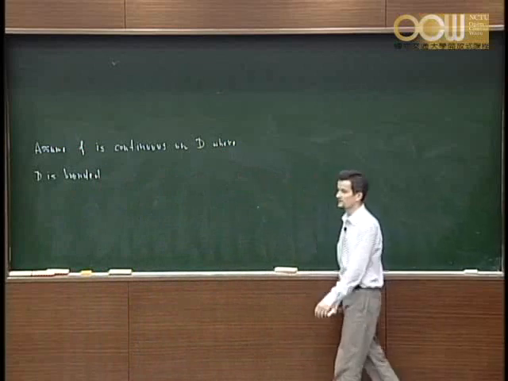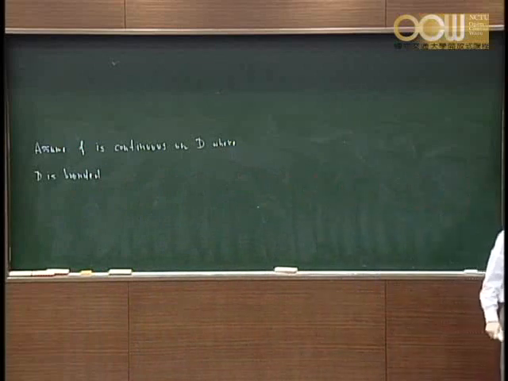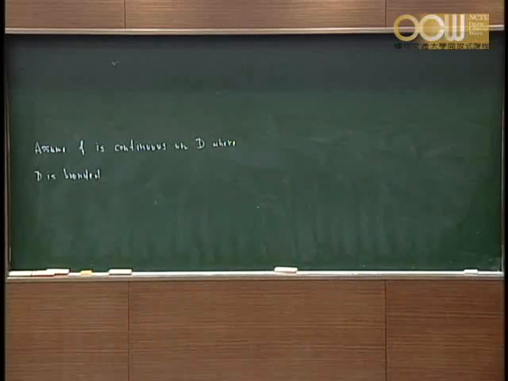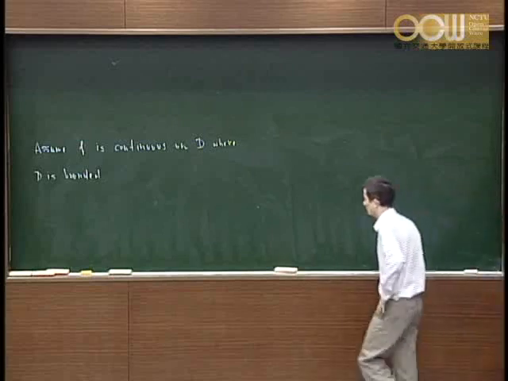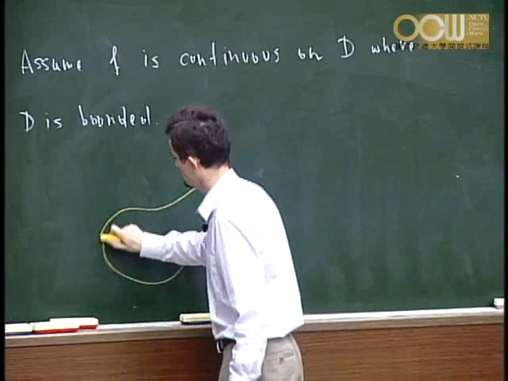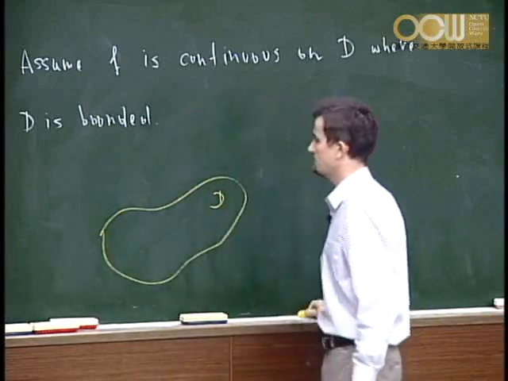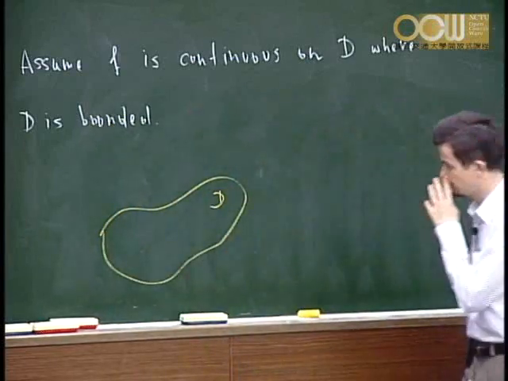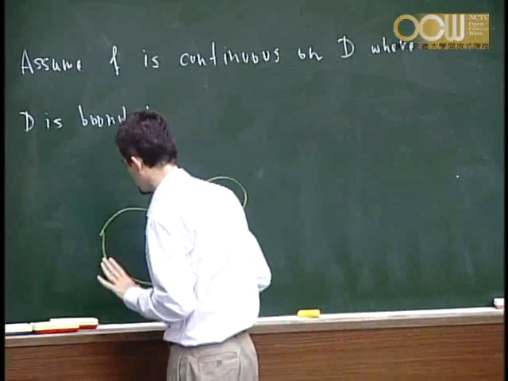What we want to do is extend our definition of the double integral to the double integral over such a general domain. Now the idea is very simple. So we have here this domain which is bounded. Because D is bounded, you can enclose it in a box, not in a box, in a rectangle.